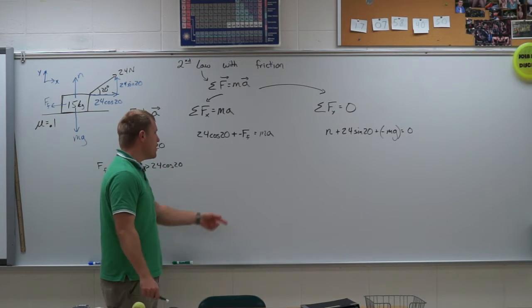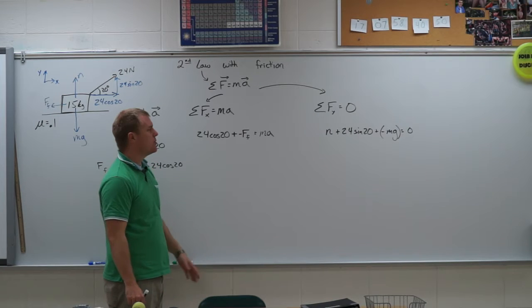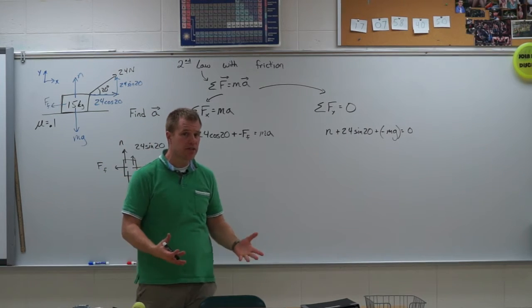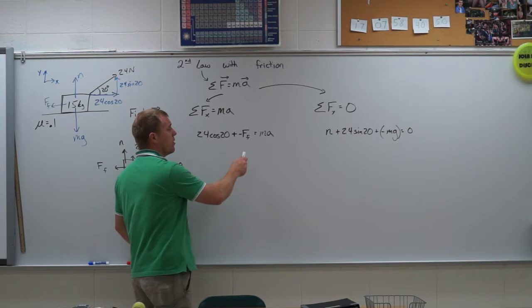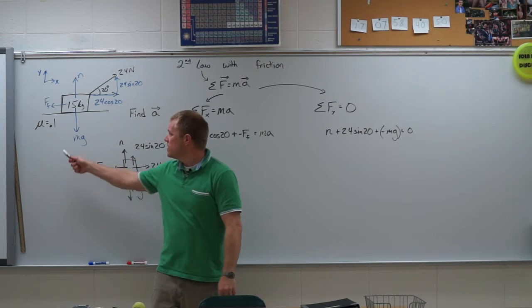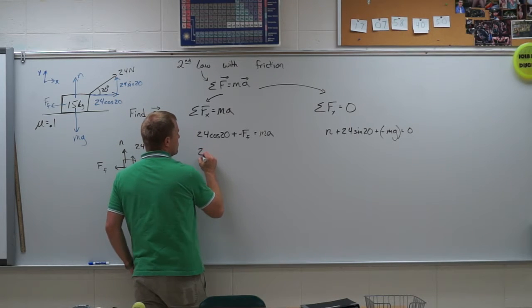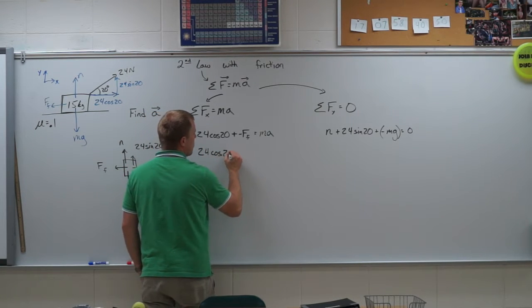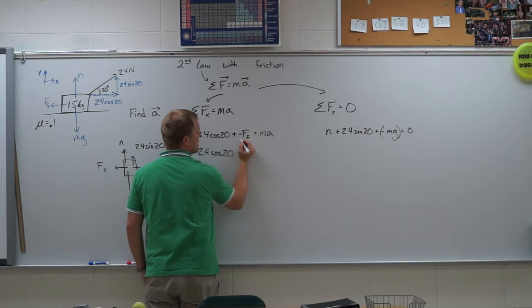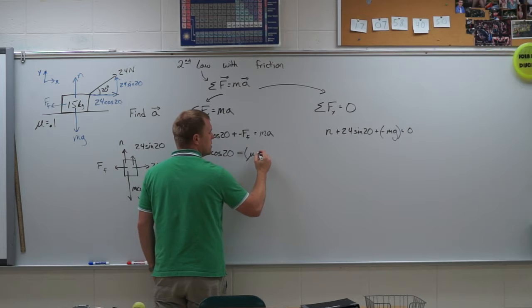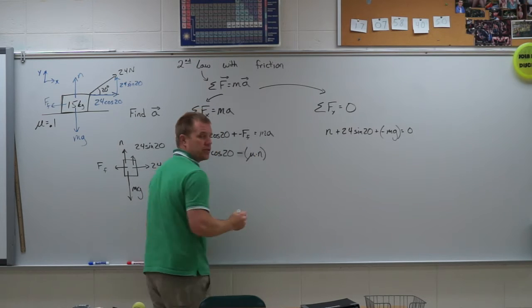All right. When we have friction problems, a big thing is that we are going to typically substitute. Unless they tell me the force of friction value or I'm trying to find it, we're going to make a substitution here. Since they gave me the coefficient of friction, yes, I'm going to substitute. So I have 24 cosine of 20 minus, and I'm going to substitute mu times the normal force.